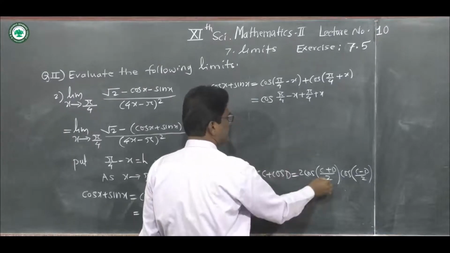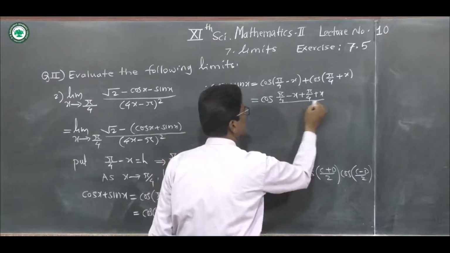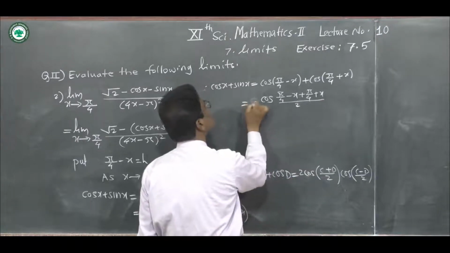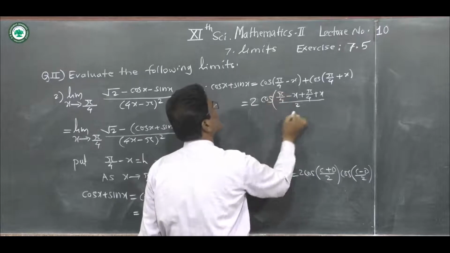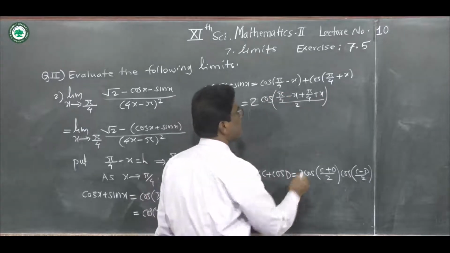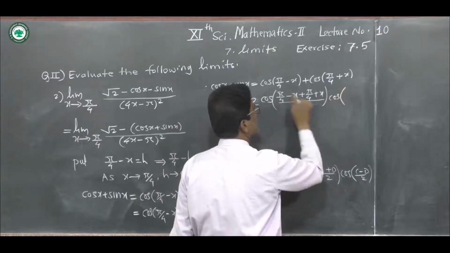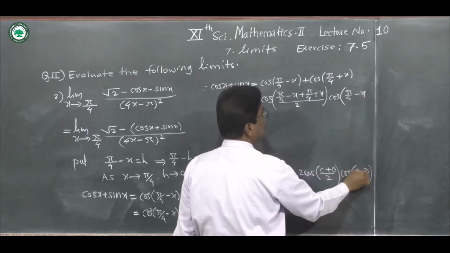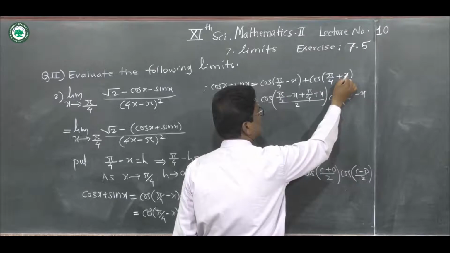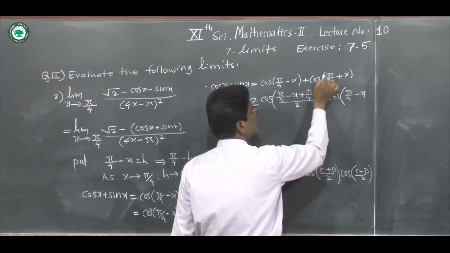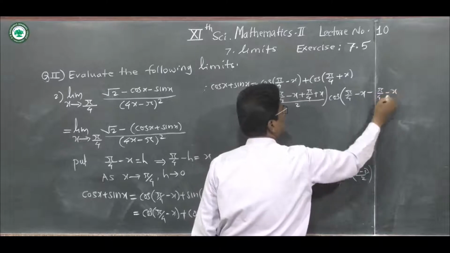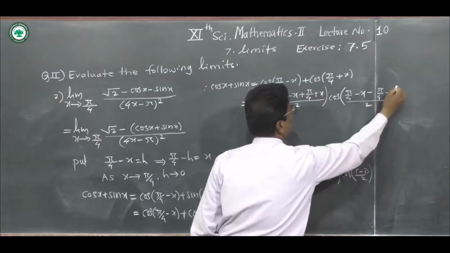divided by 2, and here 2 times, so it is equal to 2 times, in round brackets, cos of c minus d, c here pi by 4 minus x, minus d, here pi by 4 plus x, but with the minus sign, so it is minus pi by 4 and minus x, and the whole divided by 2.